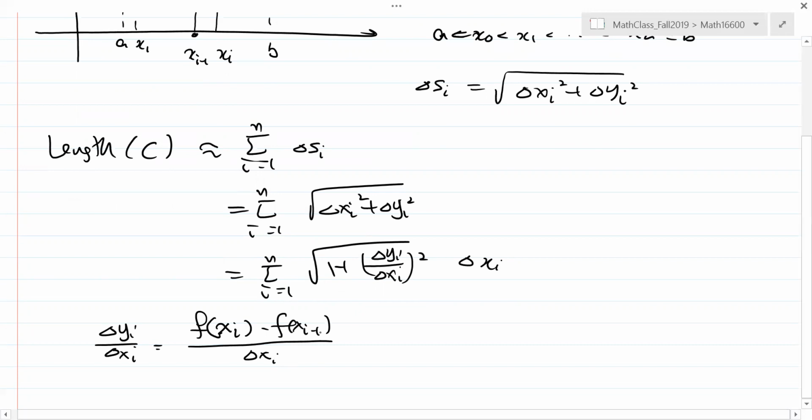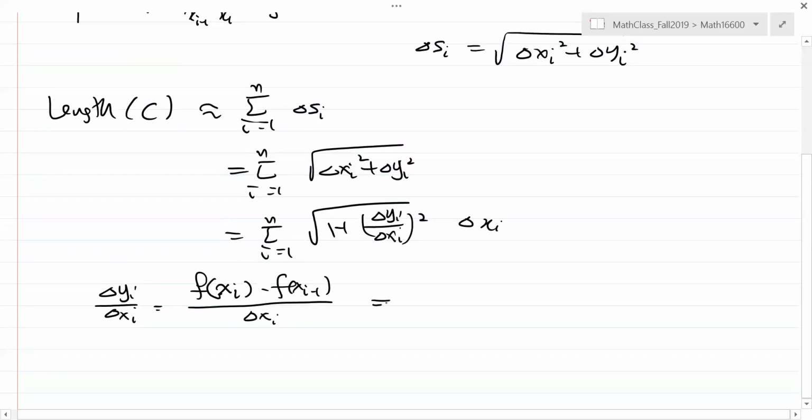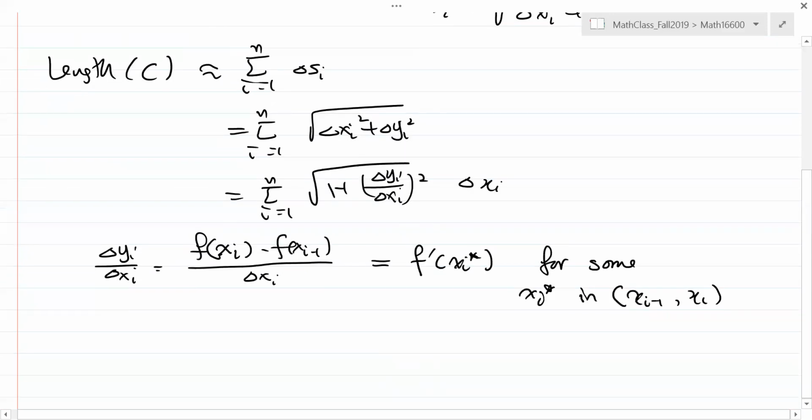Remember, if the function is differentiable, then by the mean value theorem, this is going to be the derivative f prime of some xi star in this interval. So you can replace that.